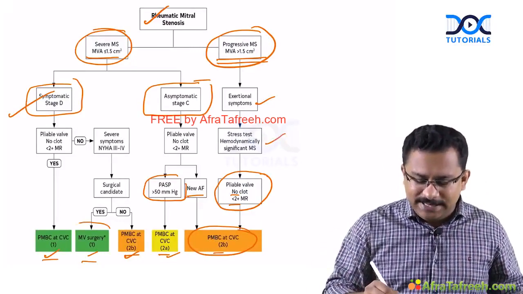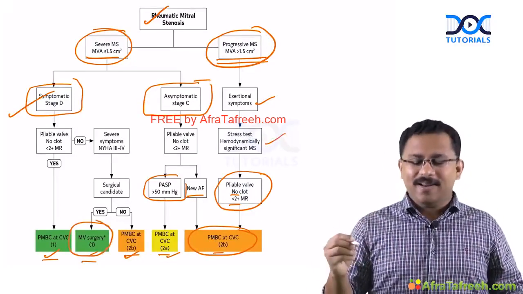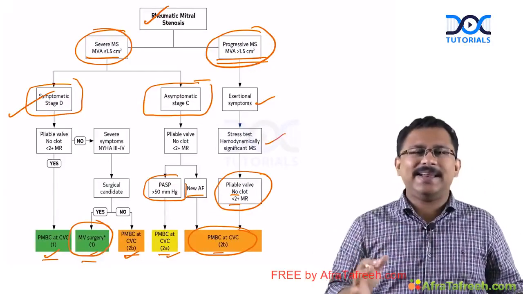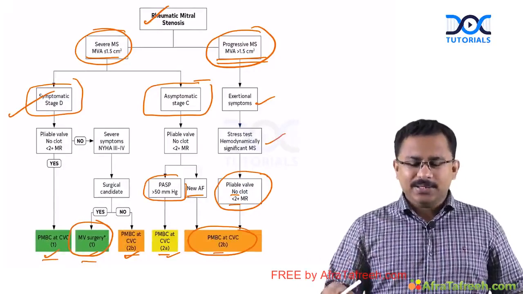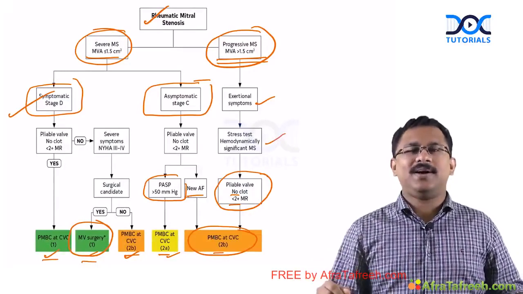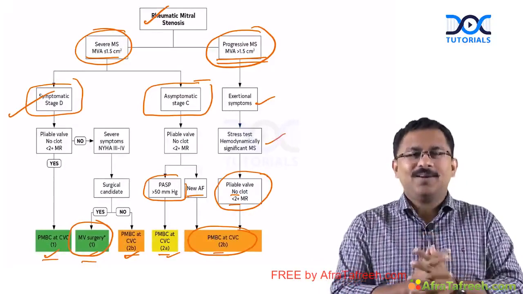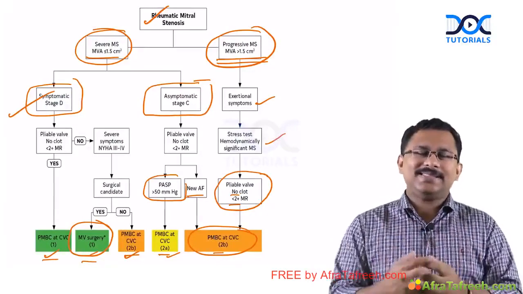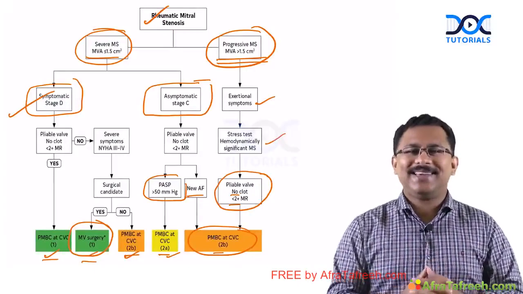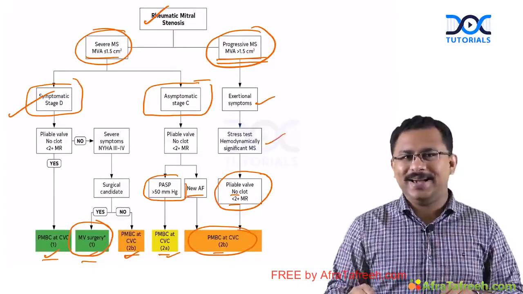And we have already seen the indications for a mitral valve surgery as well. This is the nutshell of what we have learned so far. So that ends this topic on how to evaluate mitral stenosis, and subsequently how to manage a case with mitral stenosis.